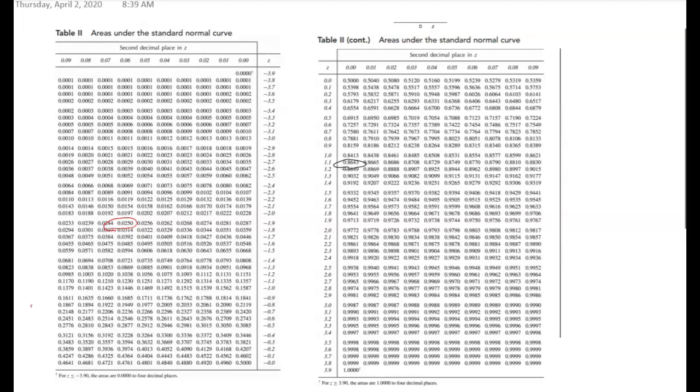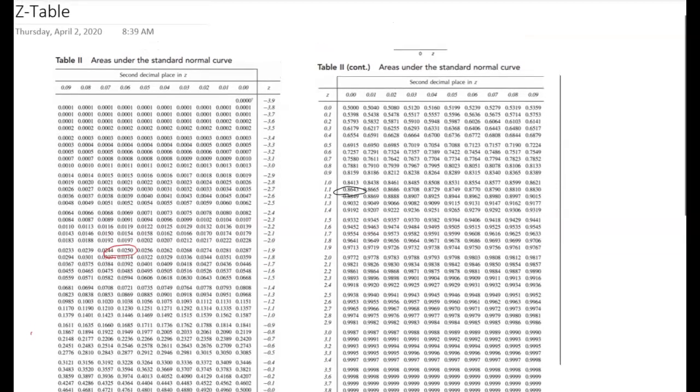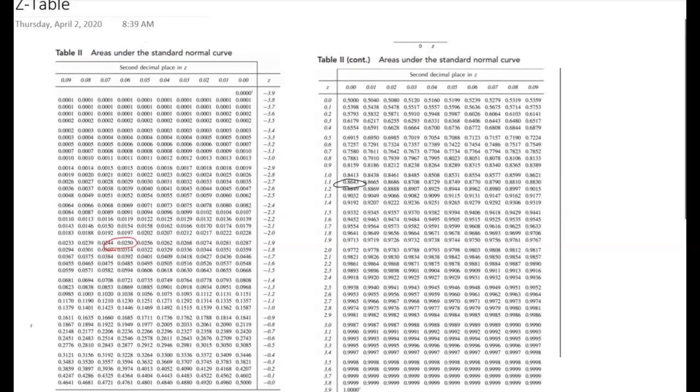It looks to be about 0.8643, but keep in mind that this is the area to the left. Sorry about that. You can look at your sheet above. This is the area to the left.